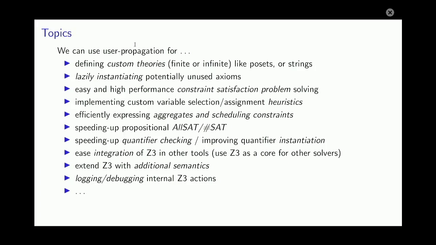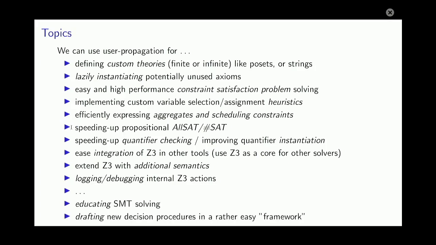However, there are not only topics related to increasing performance, but also some others, like we could also use the user-propagator for educating SMT solving or just as a nice framework for drafting new decision procedures. I will later come back to some of these use cases.